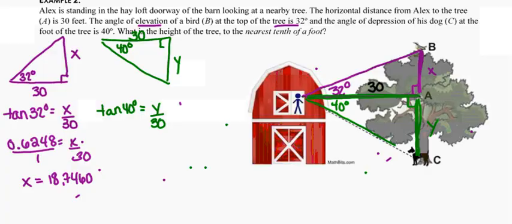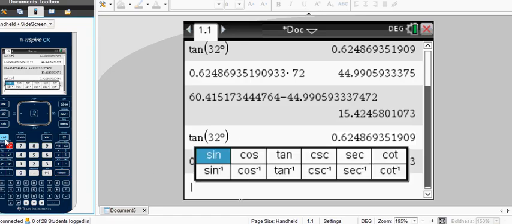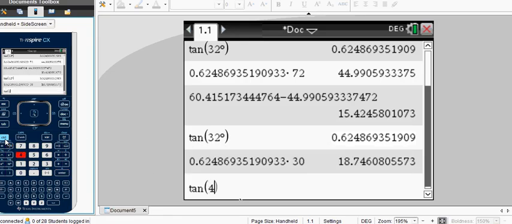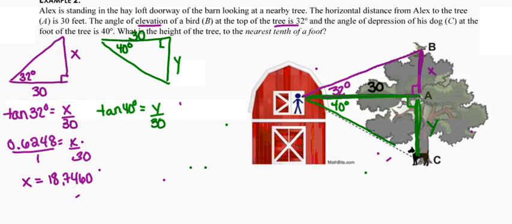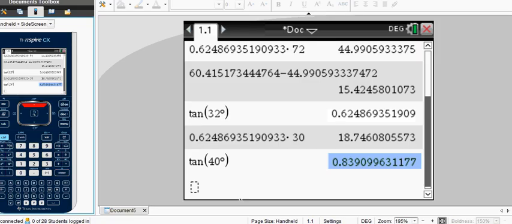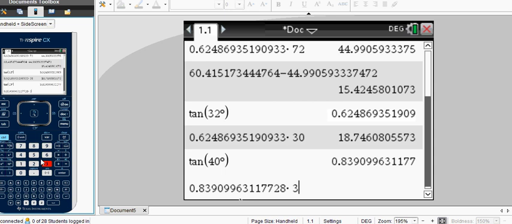And once again, I'm going to go back to my calculator, and again I'm going to use that whole decimal to multiply times the 30.